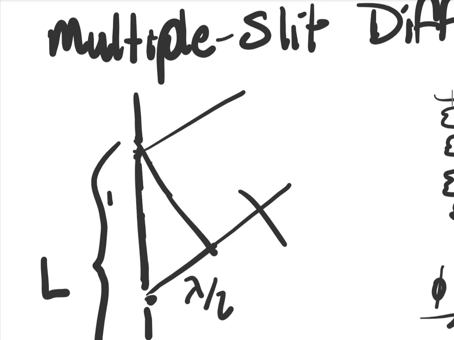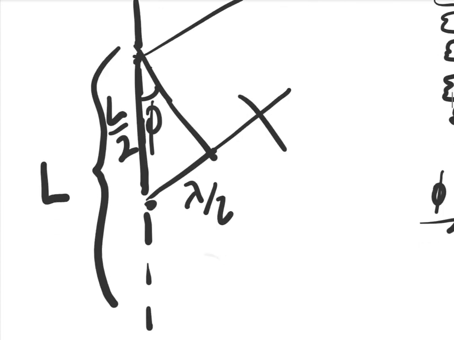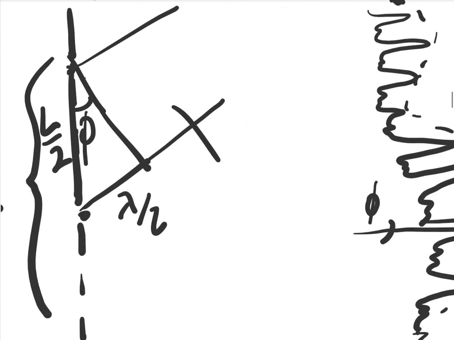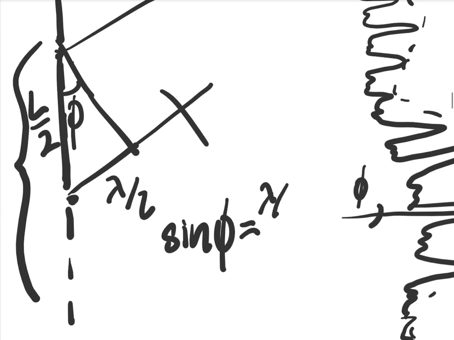This side is L over 2. This angle is phi. That tells us that sine phi is equal to lambda over 2 over L over 2. 2's cancel out. We get a lambda over big L.